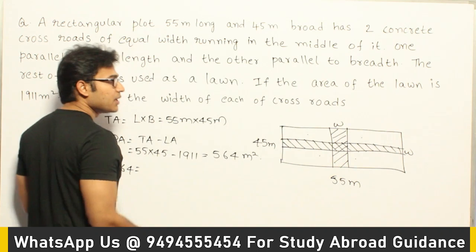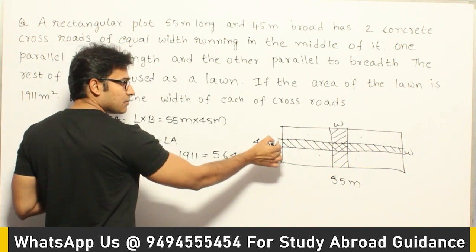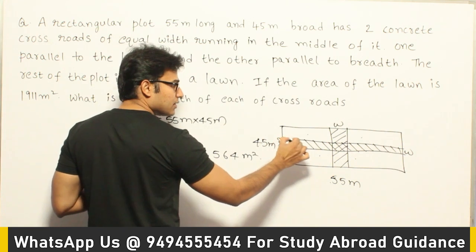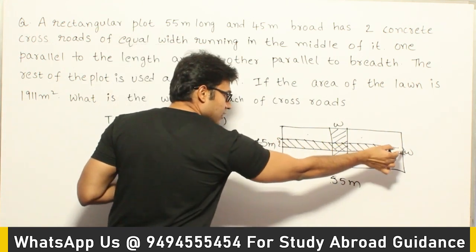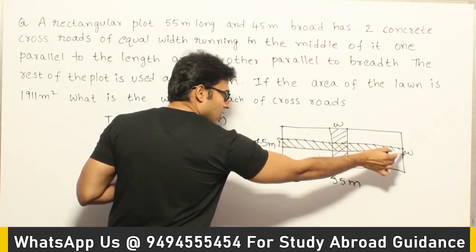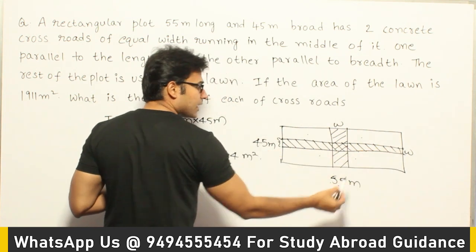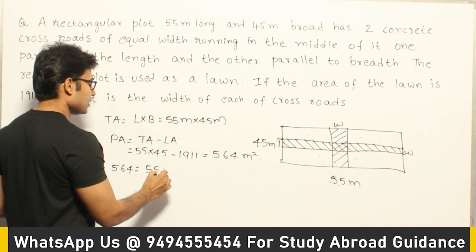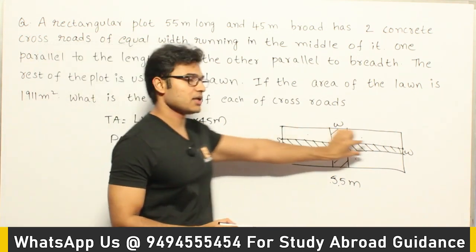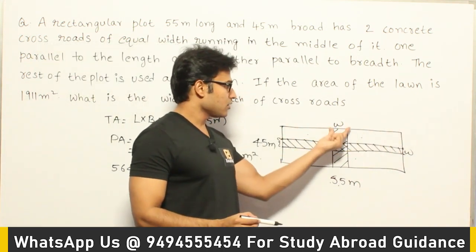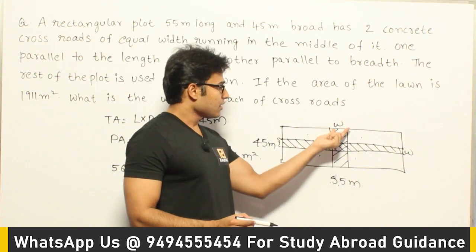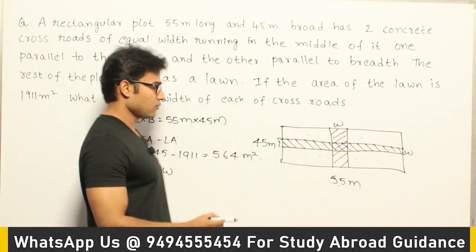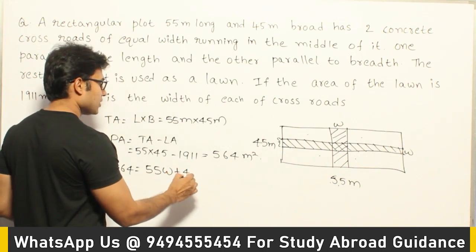What will be the area of the first path? For this, the breadth is W and the length is 55. This entire length is 55 and the breadth is W. It is again a rectangle of breadth W and length 55. Therefore 55 into W is the area of this horizontal path. And what about the area of this vertical path? The length is W and the breadth is 45. Therefore 45 into W.